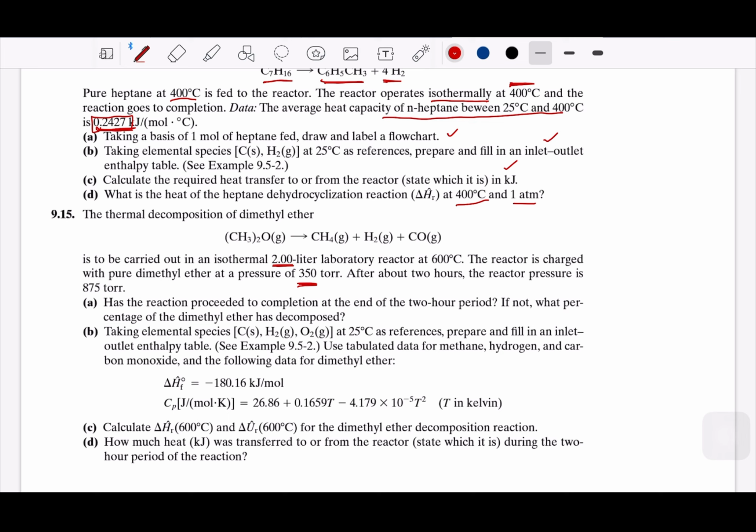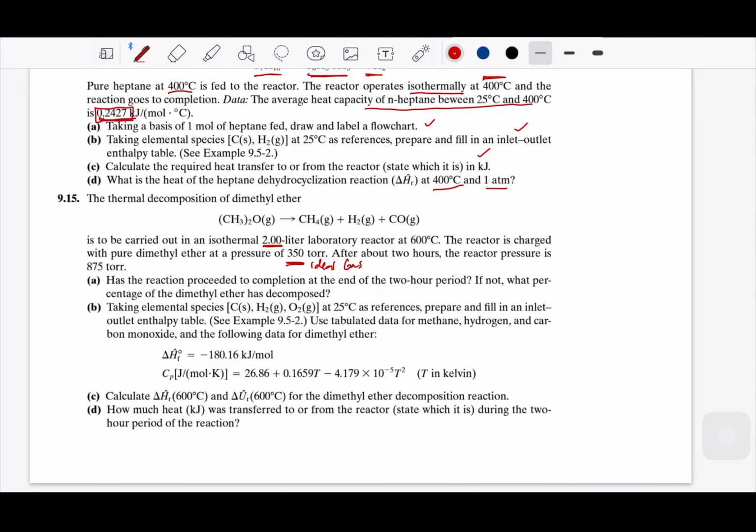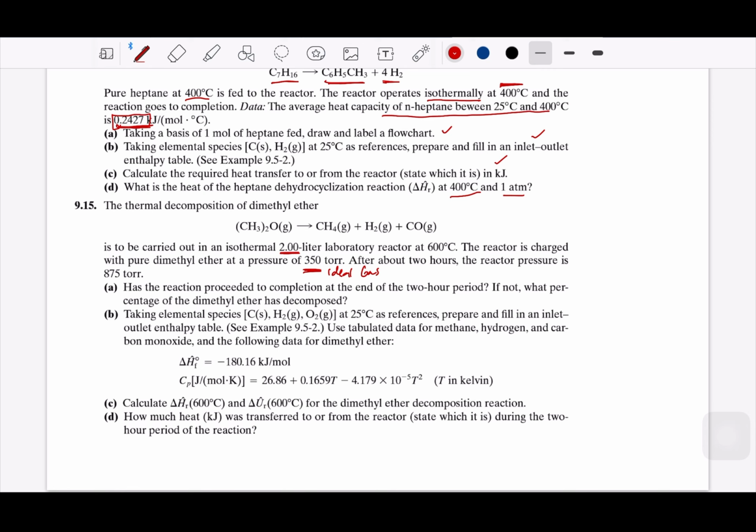So you need to check by yourself. The rest is similar. You need to use the table, calculate the H. The enthalpy is pretty similar with 14. Okay, so try number 15.